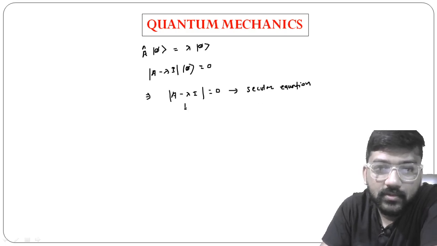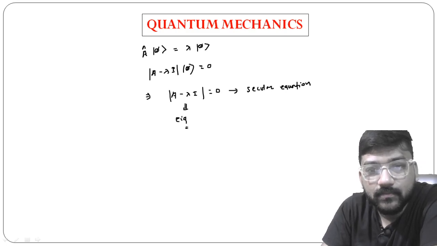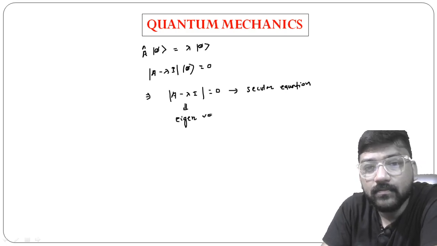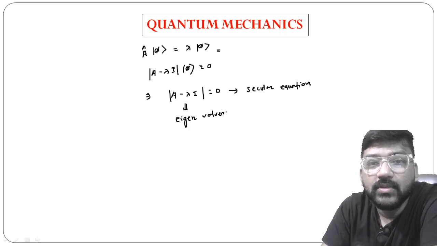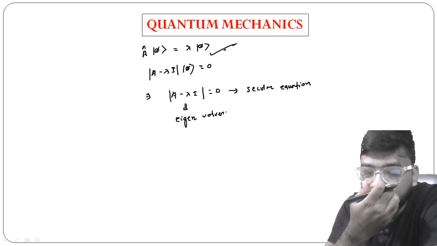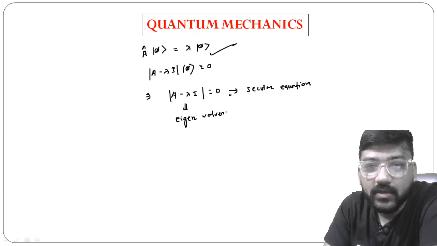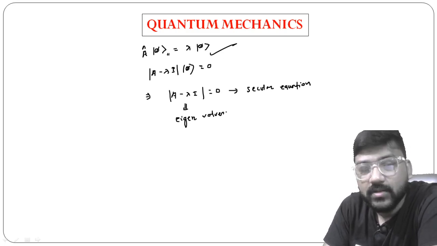By using this equation, corresponding to the eigenvalues, we will find out the eigenvectors also. Okay, so corresponding to each and every eigenvalue there will be an eigenvector.